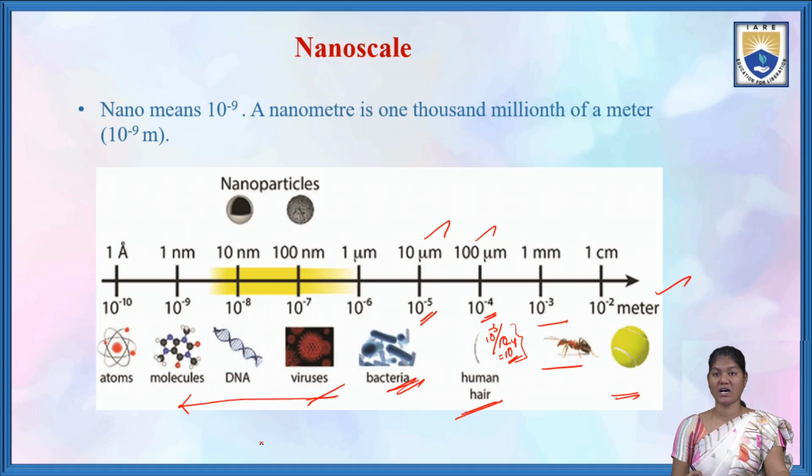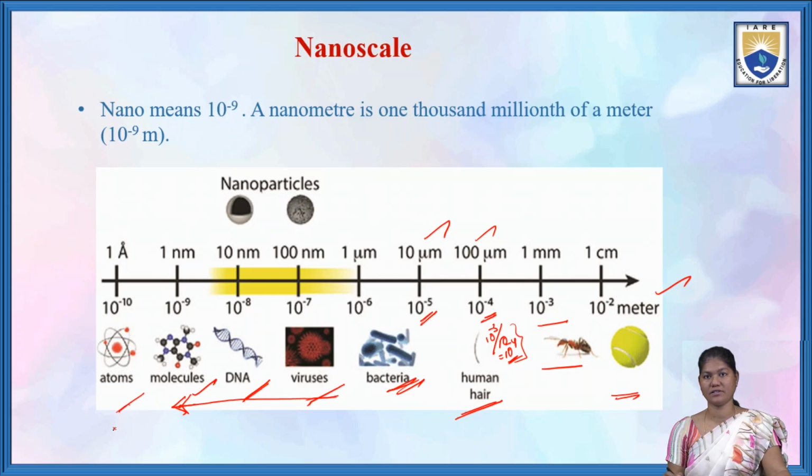Then 10 power minus 7 is the size of viruses. Then 10 power minus 8 meters, we see DNA. Going down to 10 power minus 9, it gives molecules. You can see the size of the molecule. And 10 power minus 10 comes to the atom size.